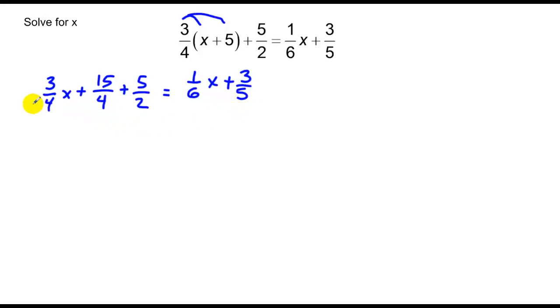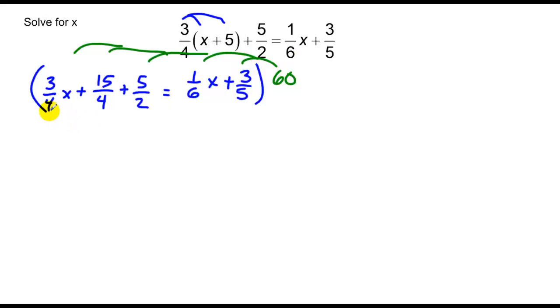And to clear the fraction, I need to look all the way across both sides at all those denominators and find a value that is the lowest common denominator of each of these denominators. So if I look at 4, 2, 6, and 5, I'm going to go with 60 as my LCD, and I will distribute that term to each and every term across the equation.